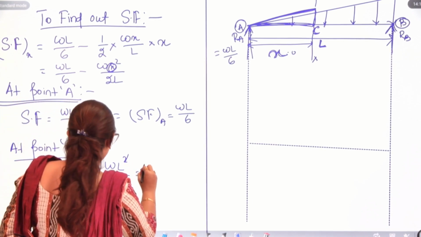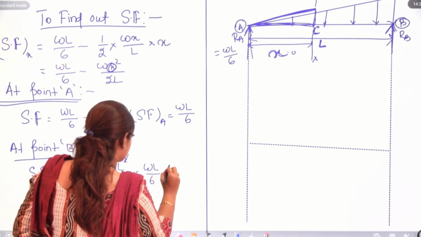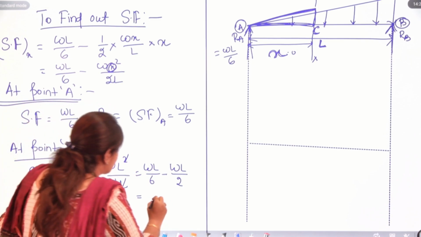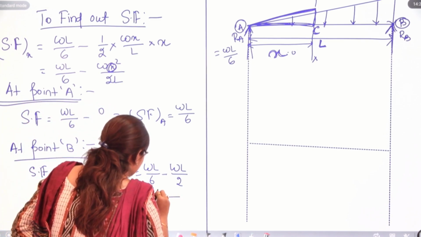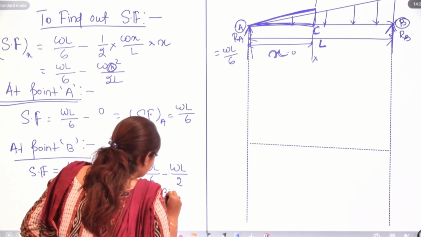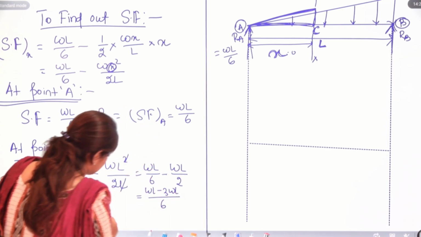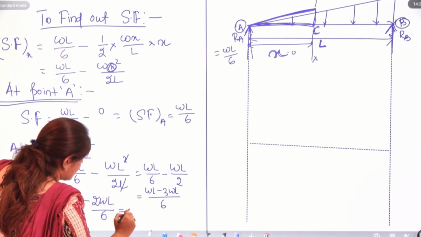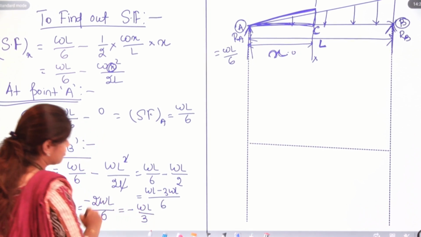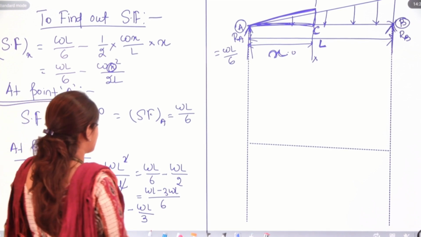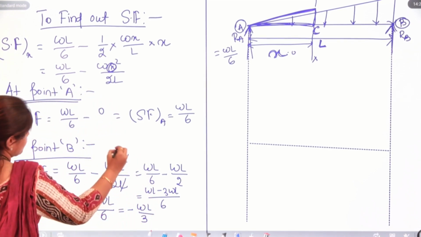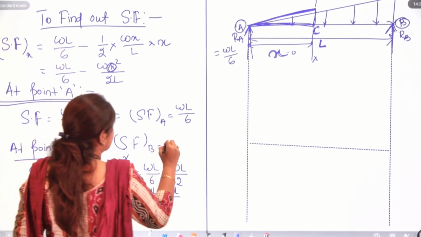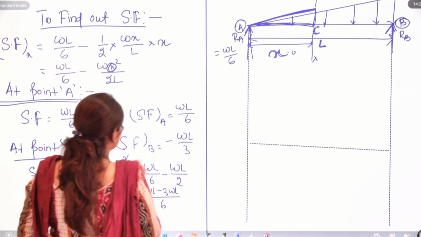So, WL by 6 minus WL by 2. 6 WL minus 3 WL, that is going to be minus 2 WL by 6, and we are having minus WL by 3. So, shear force at point B, we can write SF at B is minus WL by 3.